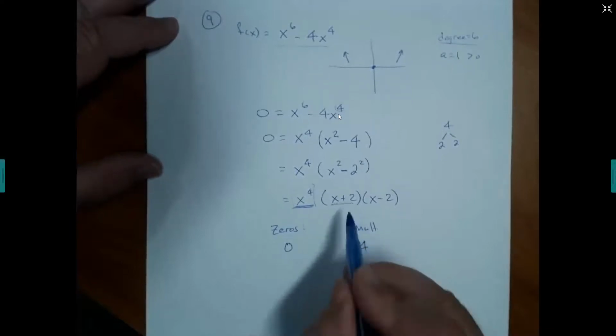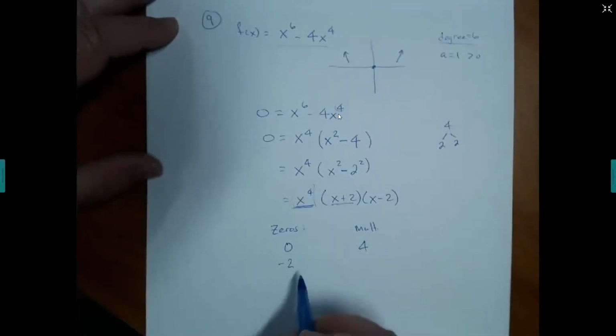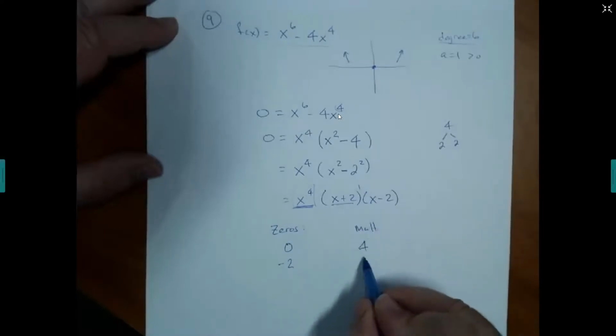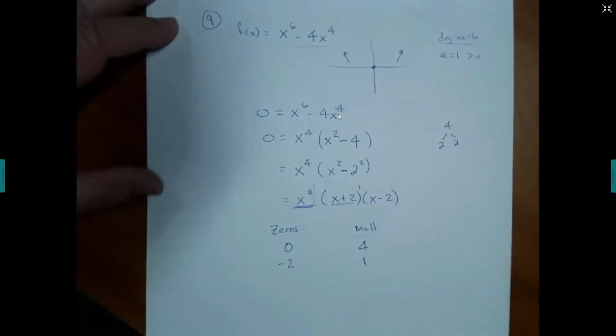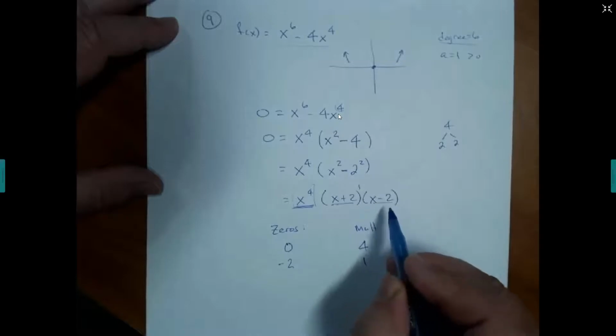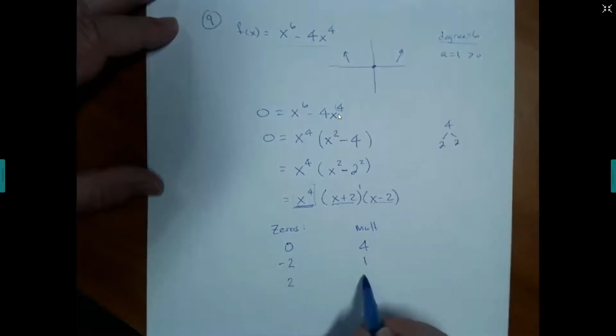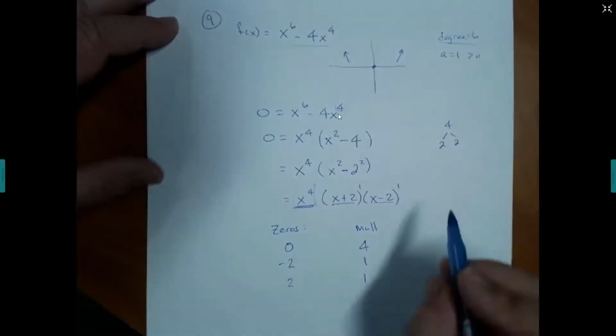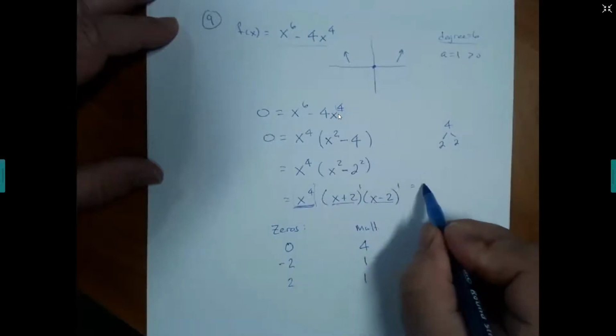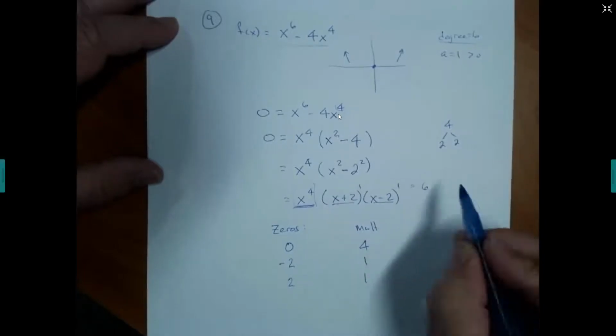The next one is negative 2, and its multiplicity is 1. The third one is 2, and the multiplicity is 1. Because if you add up all the multiplicities, you have to get the degree.